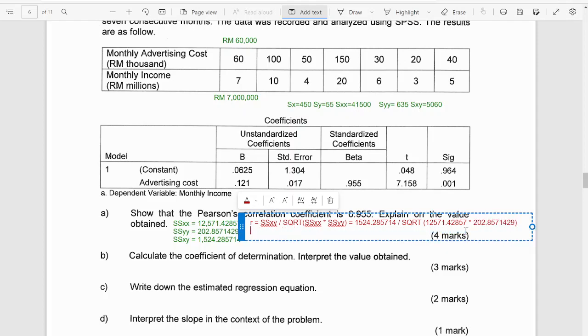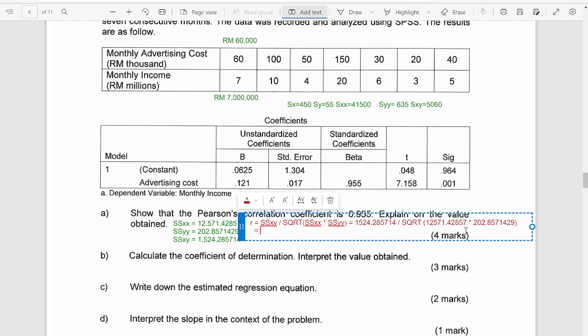Okay, so jawapan yang you akan dapat kat sini, bila you kira ni you akan dapat jawapan dia lah. So let's just calculate this one, 1524.285714 divided by the square root of kurungan 12571.42857 multiply with 202.857 1429.